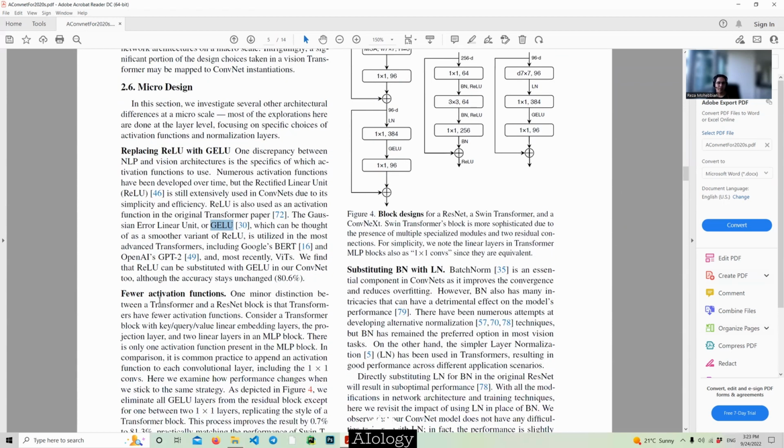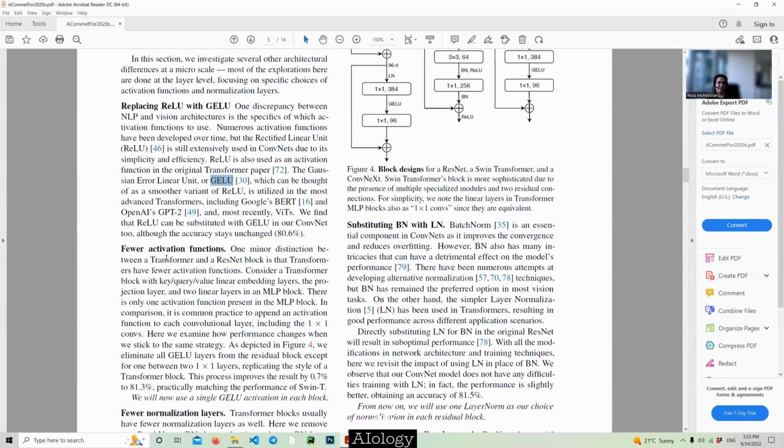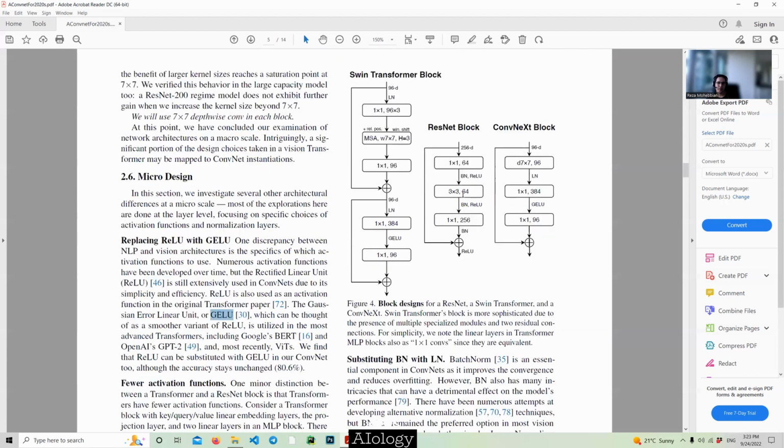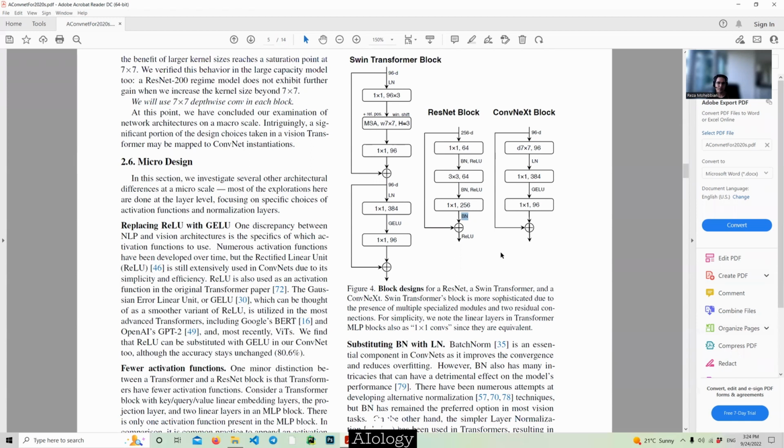Another thing is reducing the activation layers. If you compare this one, you see the differences. For example, in Swin Transformer, we don't have lots of activation layers here, but in ResNet we have batch normalization, another batch normalization, another batch normalization. So some of these are redundant. They did some experiments and found that instead of batch normalization, we can use layer normalization.